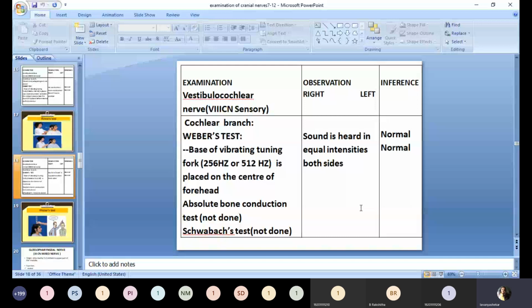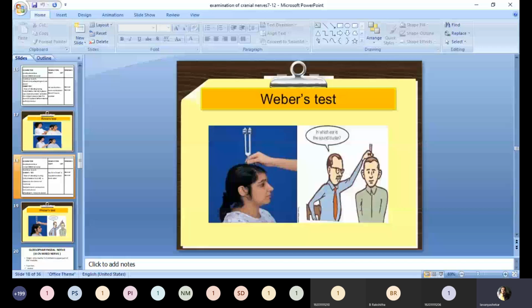So first place the base of the tuning fork over the forehead, and ask the subject to indicate whether the sound is heard equally in both the ears, or if he complains that the sound is better heard in any one of the ears.